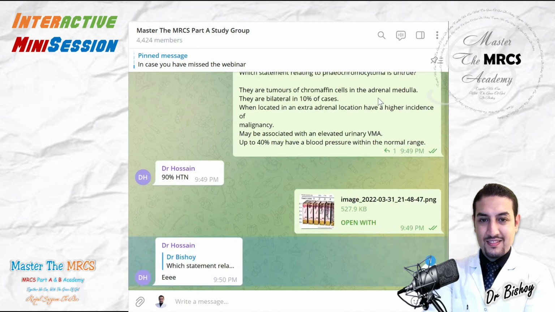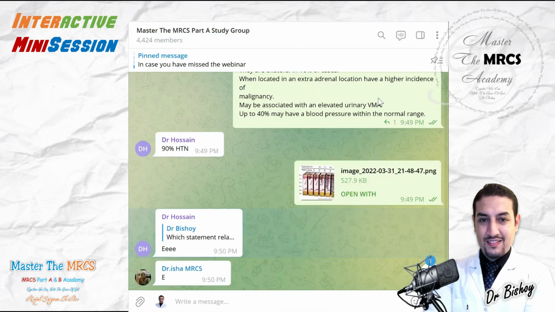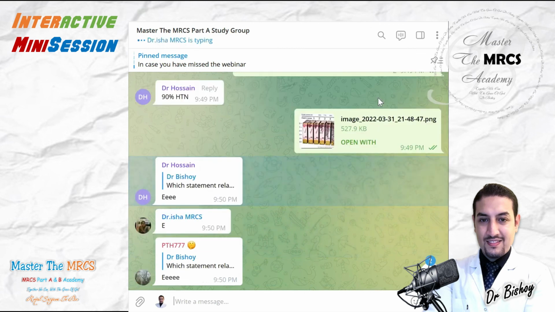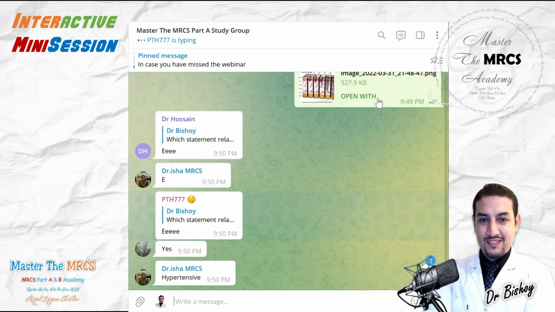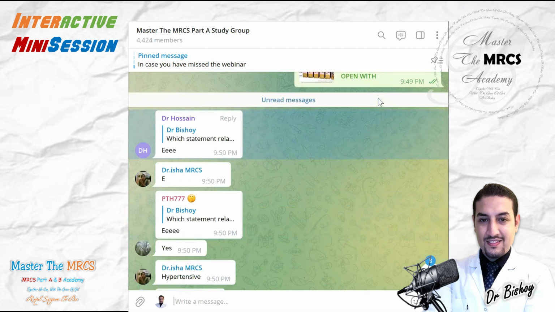So the pheochromocytoma will be hypertensive or not? Yes, hypertensive. So in our question, which will be untrue? Option E, 40% hypertension. It's up to 90% will be hypertensive. It's not 40.